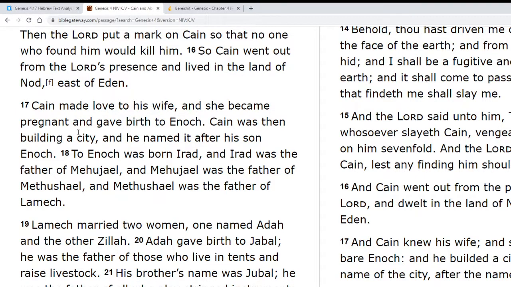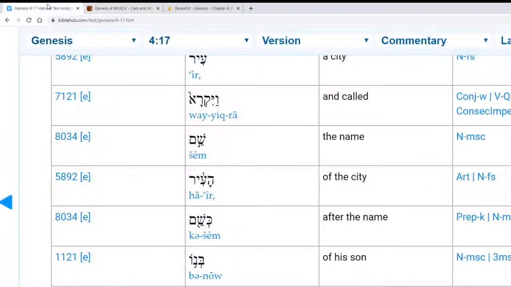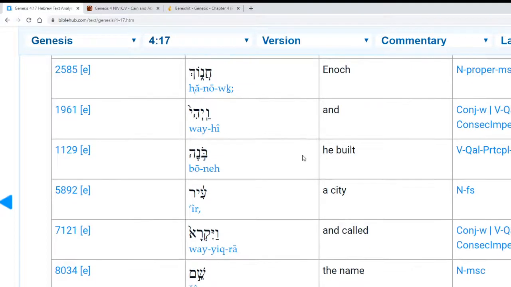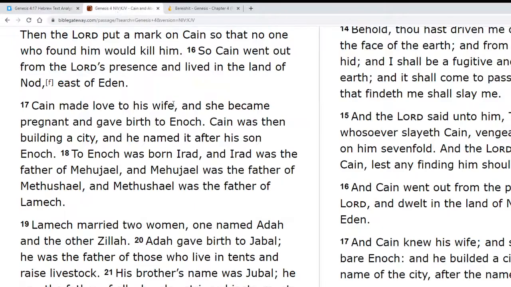Cain was then building a city. So they're translating Vehi boneh ir, right? Whereas King James says, and he was a city builder, which I like better. Vehi boneh ir, and he was a. That makes more sense to me.